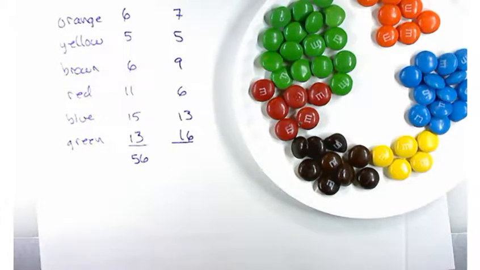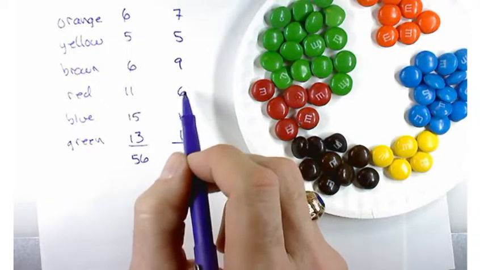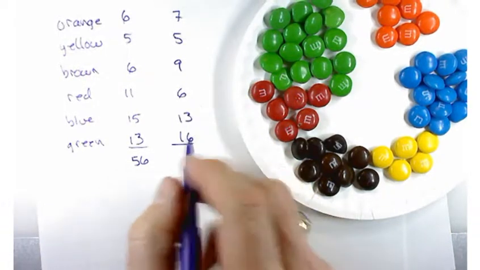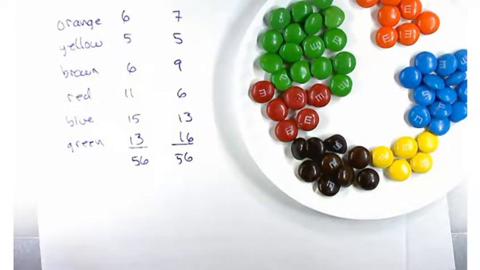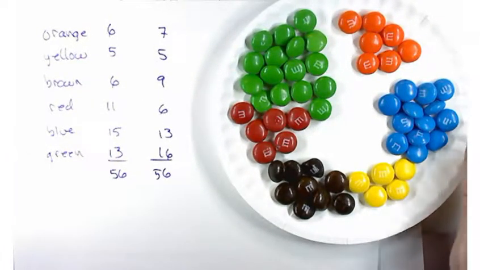All right, so let's see how many is that. That's going to be 12, 21, plus 19 is 40, 56 again. So pretty consistent for M&M Mars, 56 M&Ms in both of these.